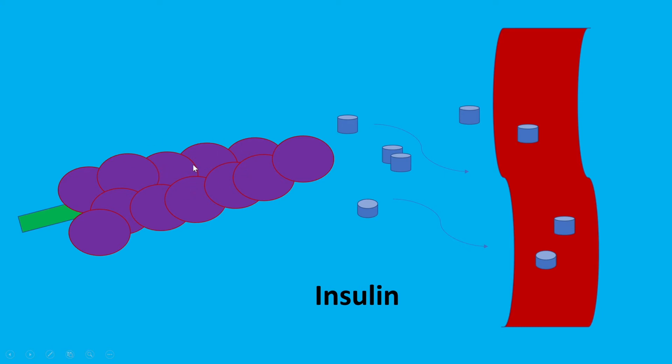And so when the pancreas is working properly, then it produces insulin, which is a hormone, and the insulin flows into the blood, and then when it's flowing into the blood, it allows sugar to enter the cells. Remember that the pancreas has a vital role in creating insulin as a hormone, which then goes into the blood, which then allows sugar to do what it has to do.